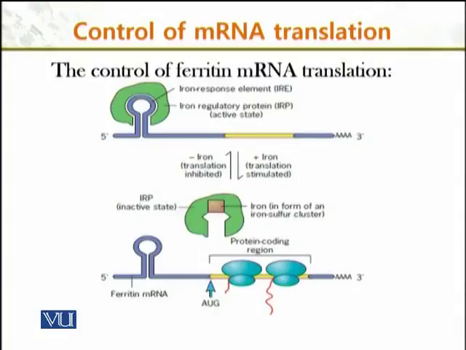In this slide, you can see how the control of ferritin messenger RNA translation is done. At the bottom, you will see that iron binds to the ferritin molecule and is released there.